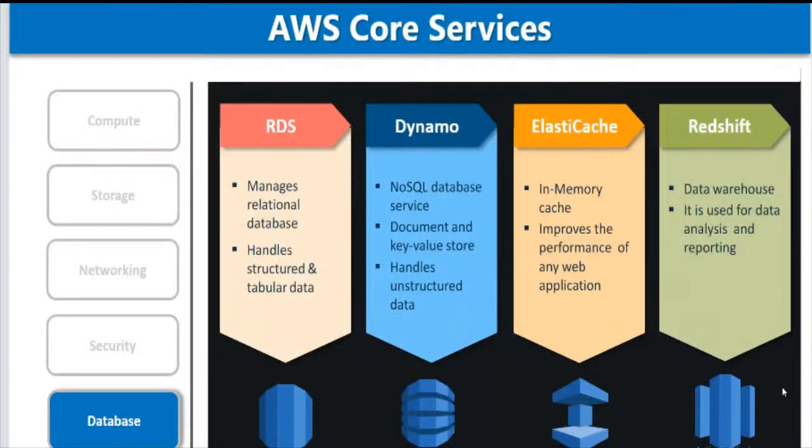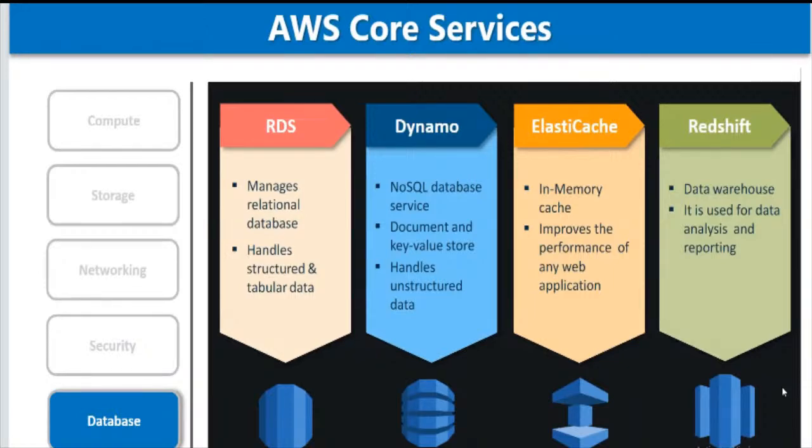And then in databases, we are going to discuss RDS. RDS refers to Relational Database Service, through which we can host our entire database here. We can define the entire structure. If you want to develop a system on top of MySQL, PostgreSQL, MariaDB, Oracle databases, then we can use RDS service for that.